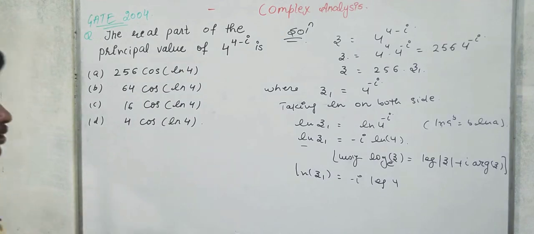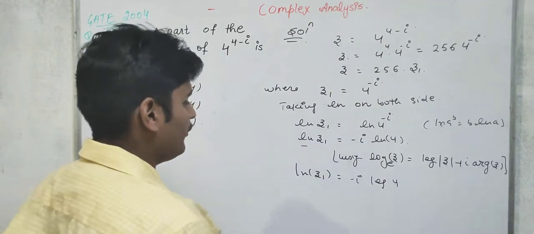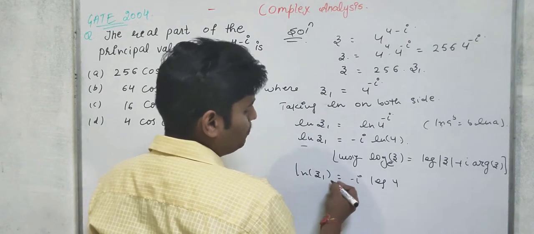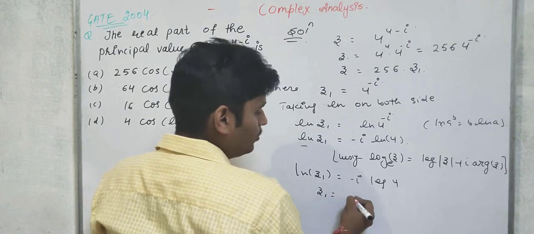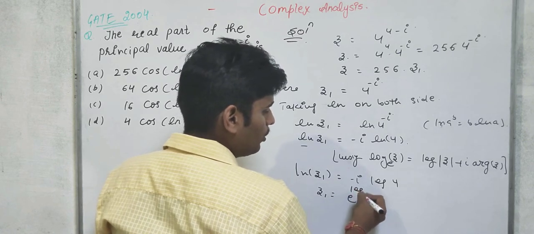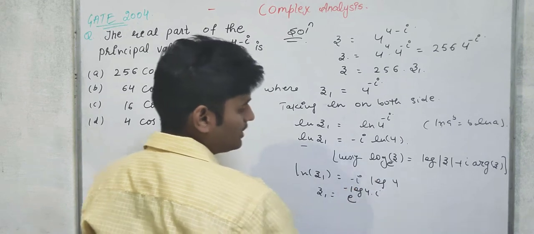Okay, now taking antilog or exponential on both sides, we find that z1 is equal to e raised to power log of 4 into iota, और यहाँ पे हम माइनस लगा देते हैं.